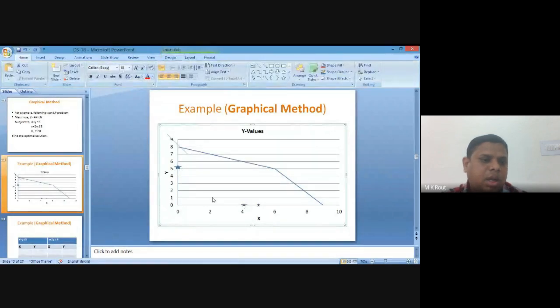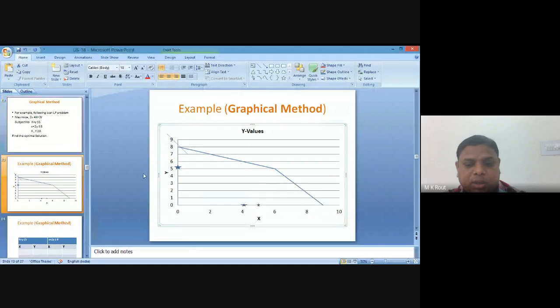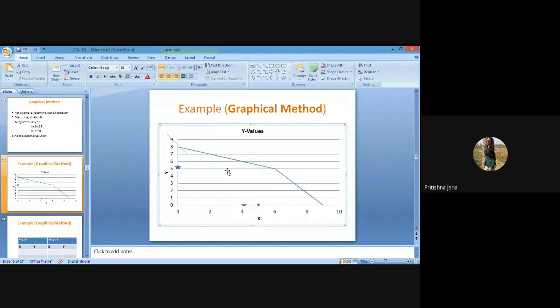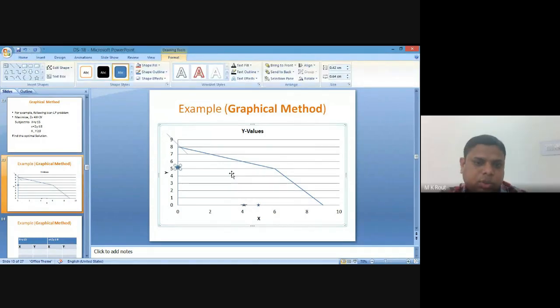And if the y value is 0, what is the value of x? 8. x is 8.